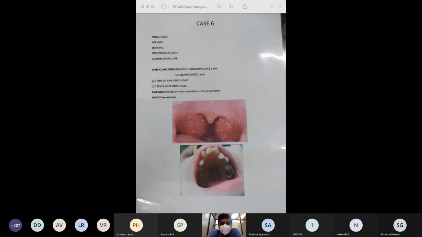Some of the features are evident when the patient walks into the OPD, just by looking at the patient. Some of the features you will get by interacting, by taking the history, and some of the features you will need a specific examination for. Then you have to correlate the findings of the examination and history to get to an appropriate diagnosis.